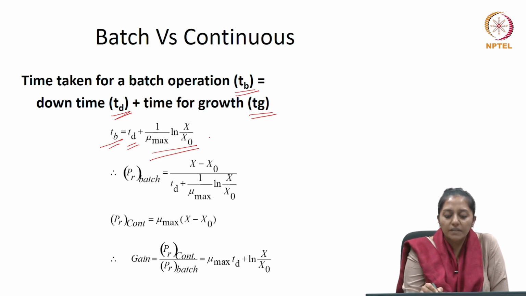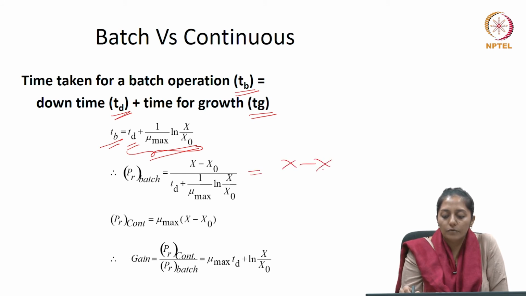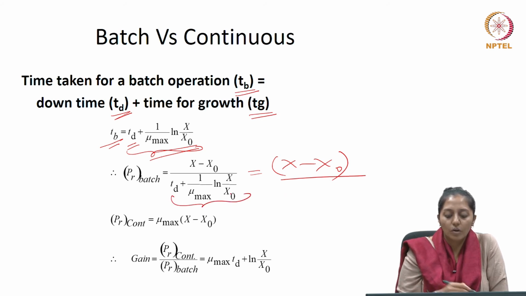So, the actual productivity in batch should take into account the downtime as well as the growth time. Therefore, your productivity for a batch is written as the final biomass minus the initial biomass, which means the total amount of biomass produced, divided by the time taken to produce that. So, this is your total time, which includes the downtime.